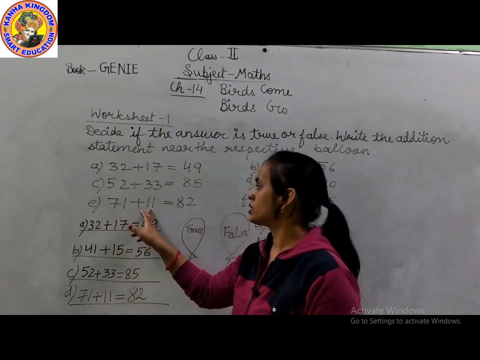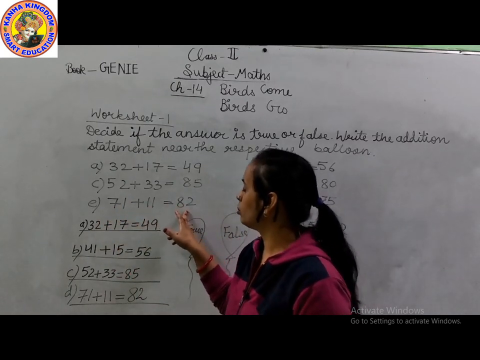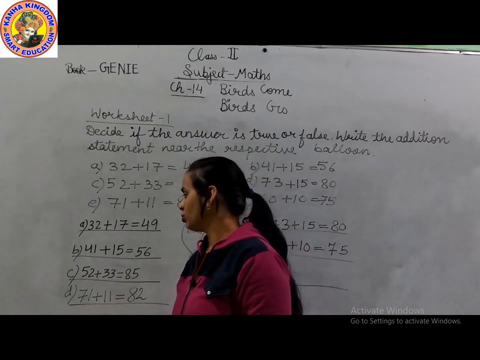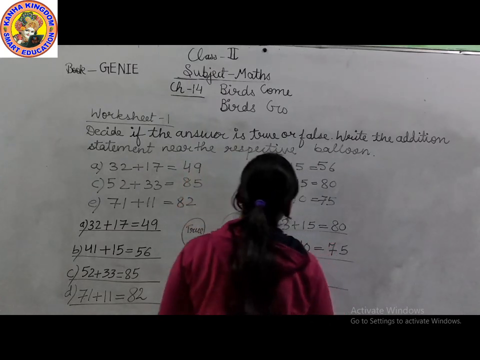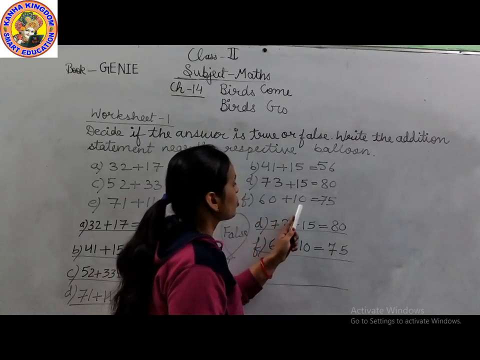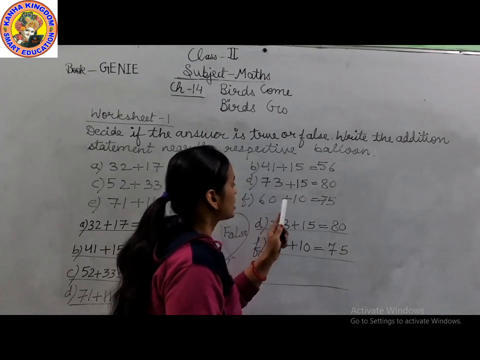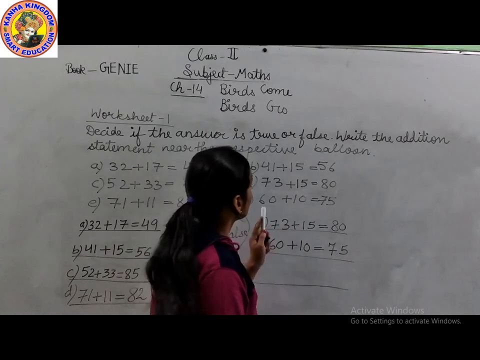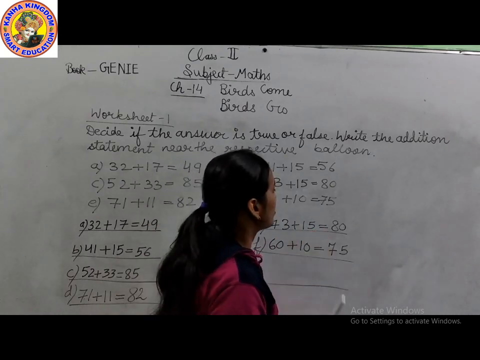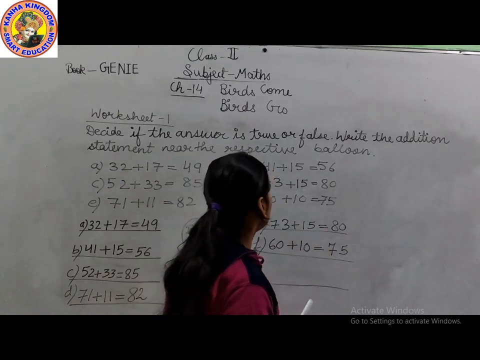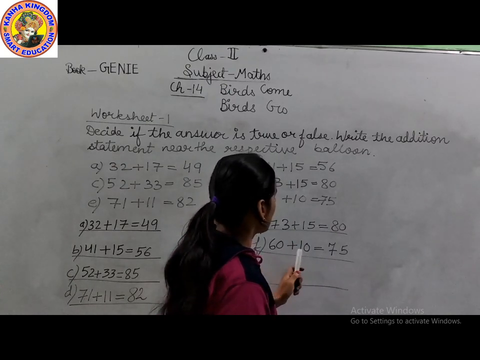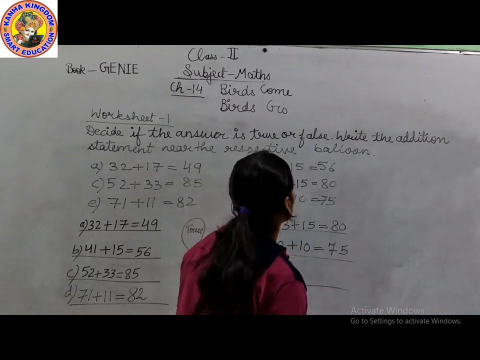So 71 plus 11 equals 82. This is a correct addition. So write near the true value. Now next is 60 plus 10 equals 75. So 0 plus 0, 0. 6 plus 1, 7. So 60 plus 10 equals 70. But there is 75. So write this addition statement near the false value. 60 plus 10 equals 75.